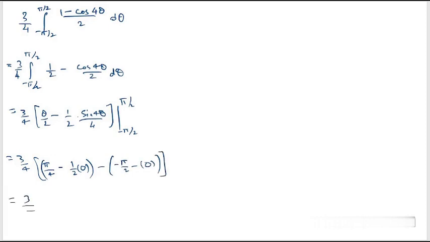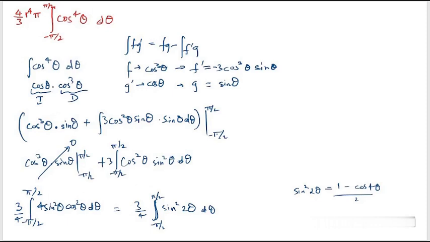Let's open the brackets. Let's see what we get. Pi by 4. Oh, sorry, even here it's pi by 4. Pi by 4 plus pi by 4, that's pi by 2. 3 pi by 8. Alright, so 3 pi by 8 is this.